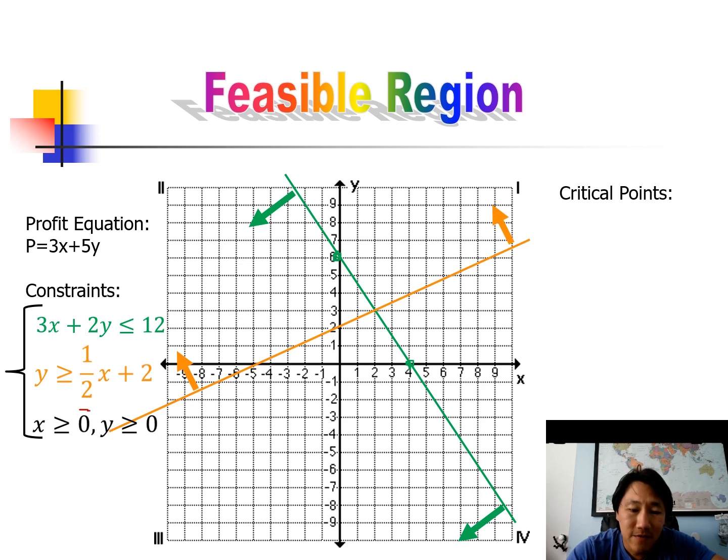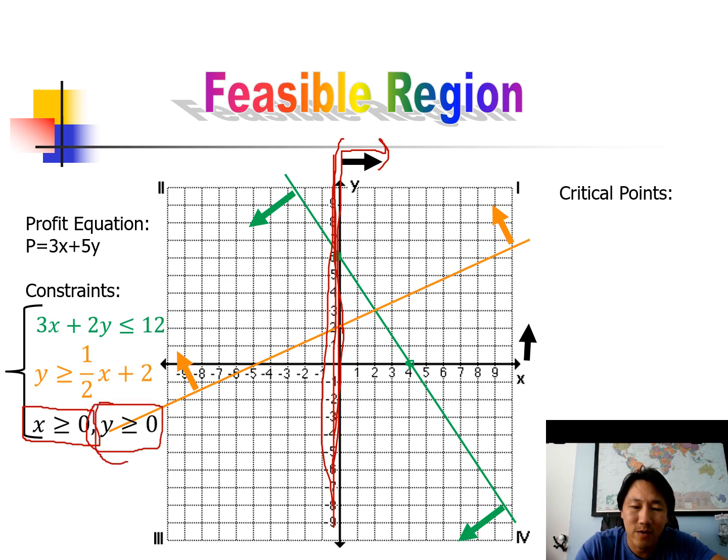This is the first one. x is greater than or equal to 0. Remember, x equals lines are vertical lines that go straight up and down. So when they say x is greater than or equal to 0, they're talking about this line right here, and then greater than. Oh, there it is. And then the other one next to it, y is greater than or equal to 0.